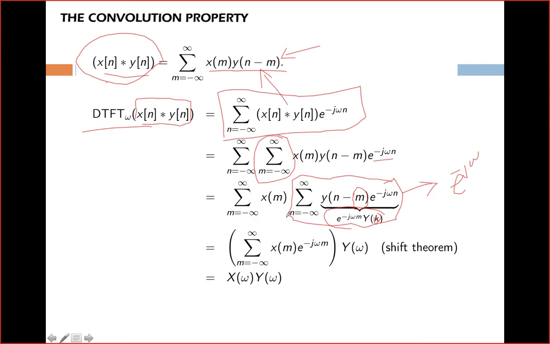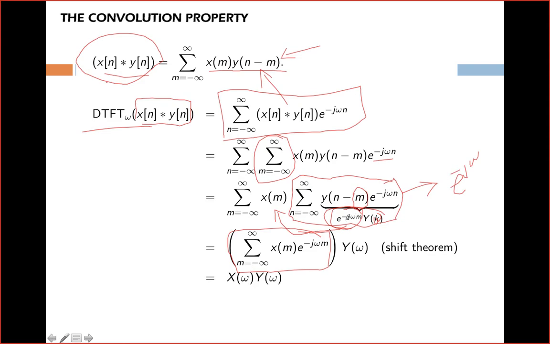So I am going to separate into two different terms. One is e power minus j omega m. This particular term I am going to multiply with the first term. When I multiply these two terms, this is nothing but the discrete time Fourier transform of x of omega.